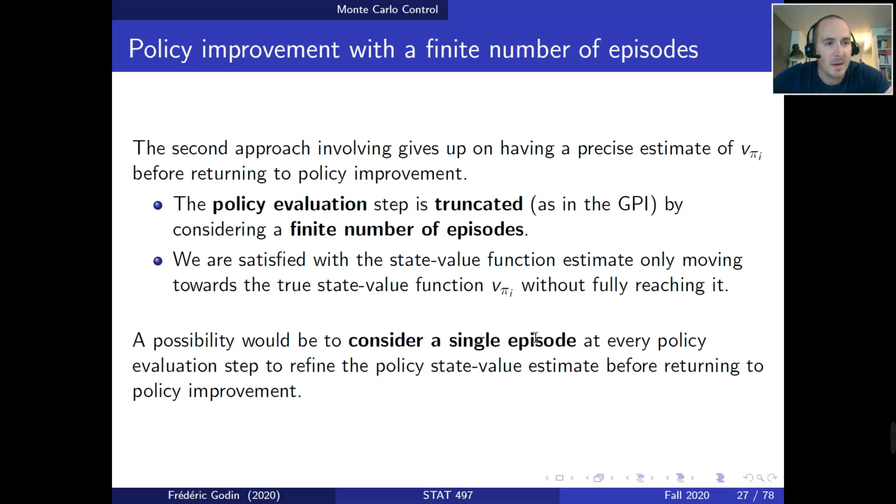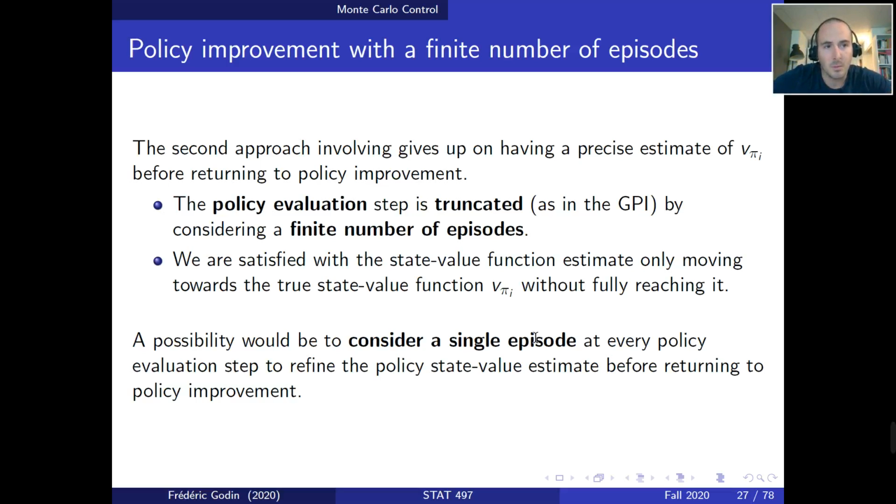But every time you do a policy evaluation, instead of having an infinite number of episodes, you stop after a few episodes. So you just slightly refine your estimate of the value function. You won't move all the way to the perfect estimate, because that would take too much time. In this case, we say the policy evaluation step is truncated.